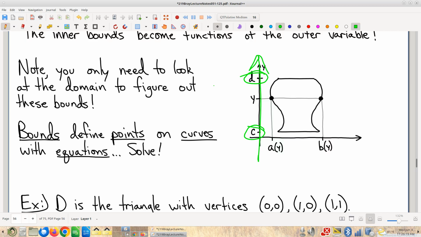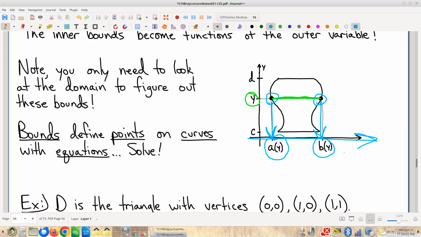Then we're going to fix some value of that variable. Look on the slice of our domain corresponding just to that value of that variable. And then we're going to say, all right, what are the starting and ending values of the next variable, x in this case, and look and see what the starting and ending values of that are.